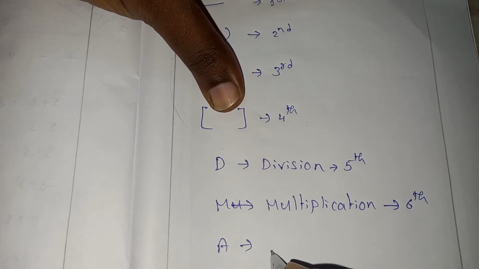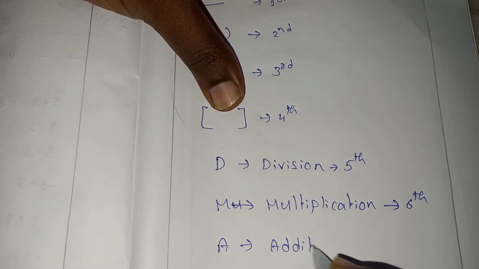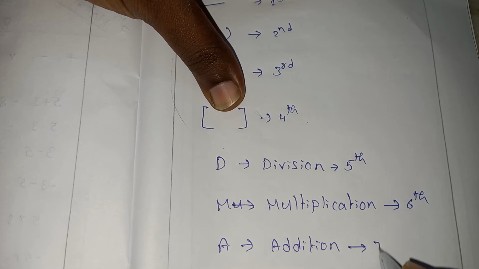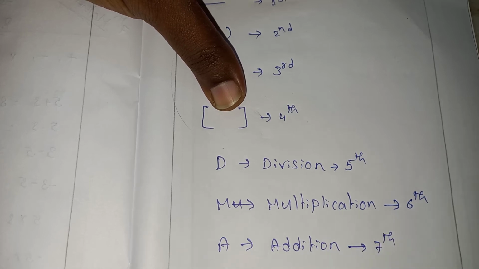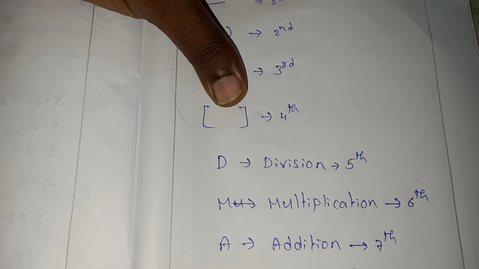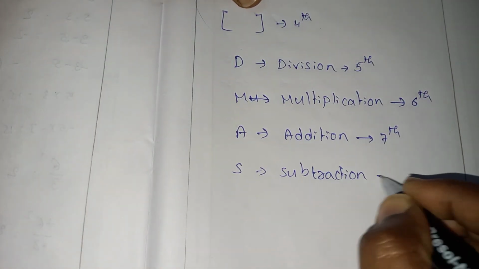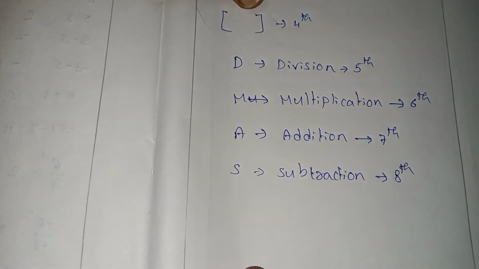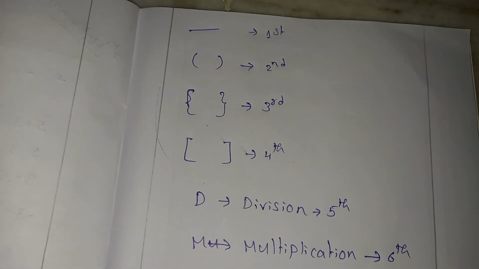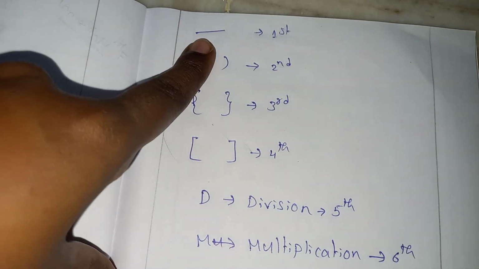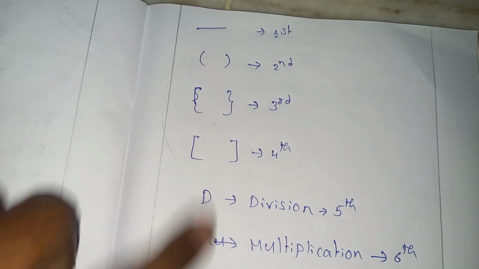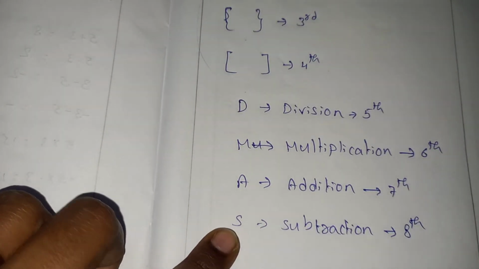Next, addition. At last, subtraction. Okay, priority wise, line brackets have the first priority, and at last subtraction has the last priority. This is the concept of BODMAS.